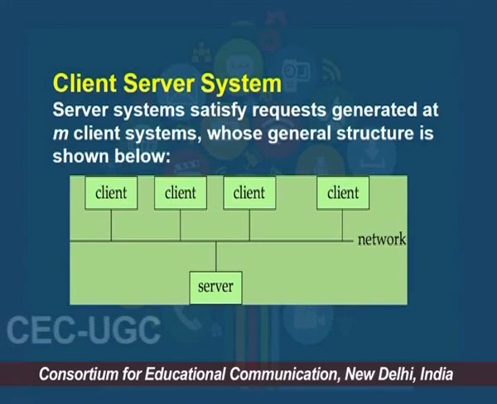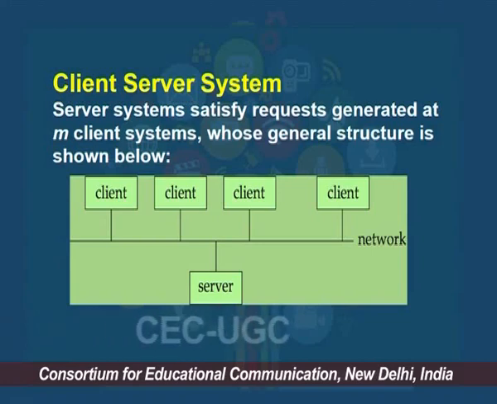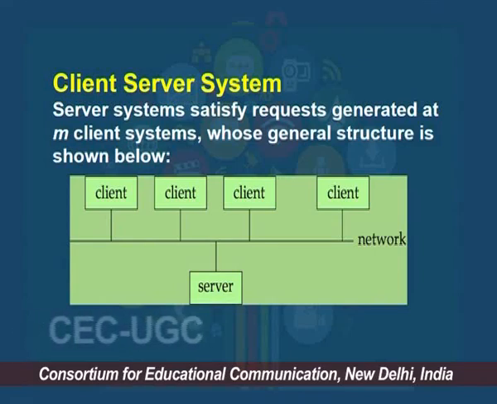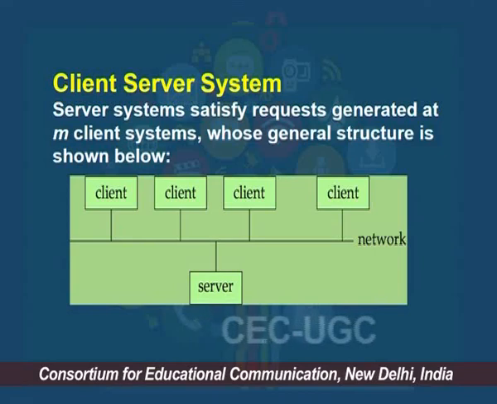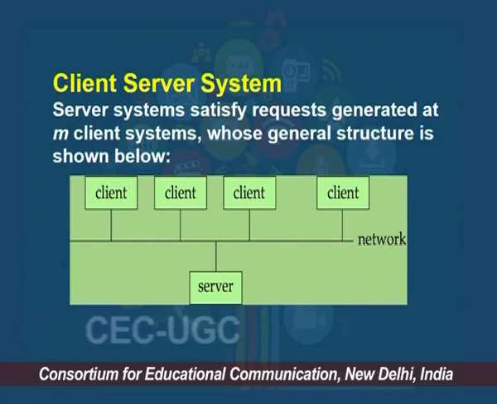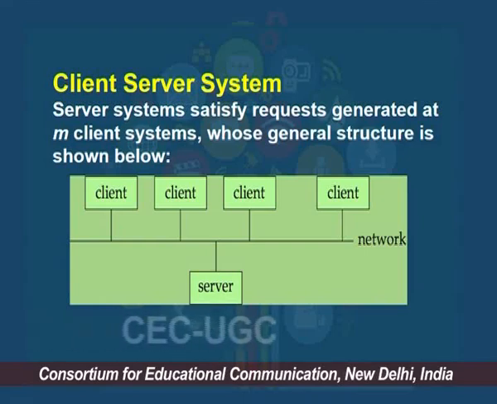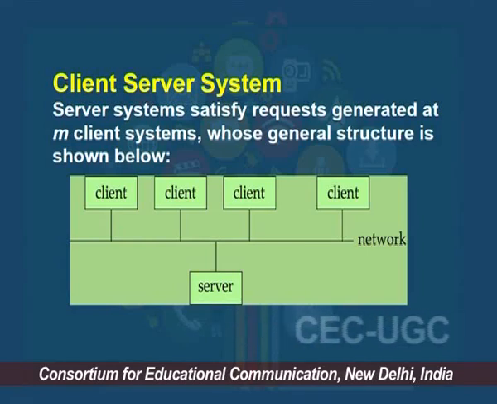Here both entities, the client and the server, have their own designated roles, and these roles cannot be swapped or changed. The client starts the request, or requests the service, and the server, that is, the one who serves, fulfills that request. The server will always be the server and the clients will always be clients.